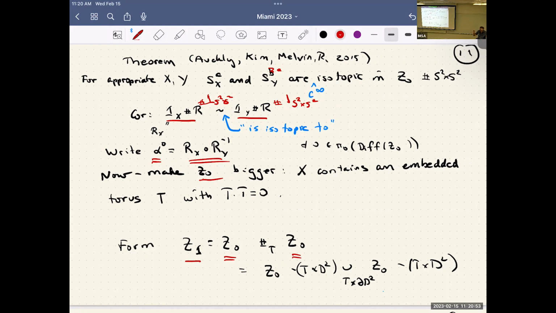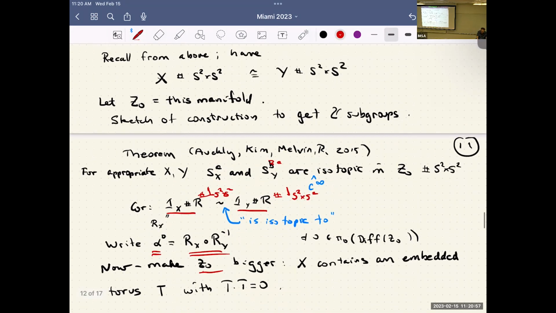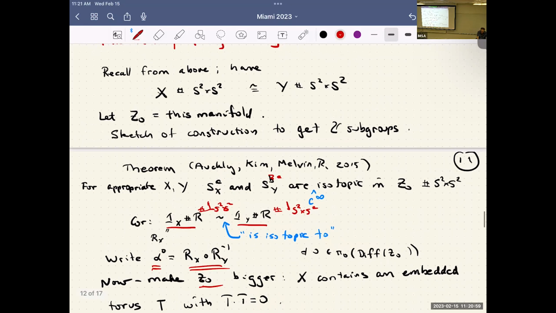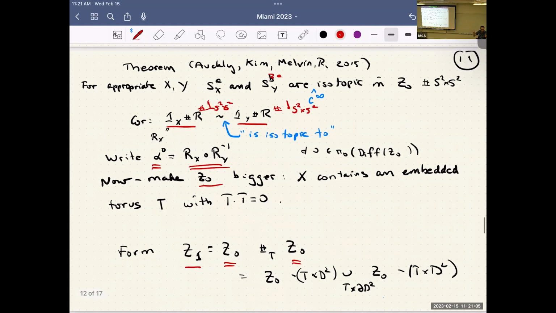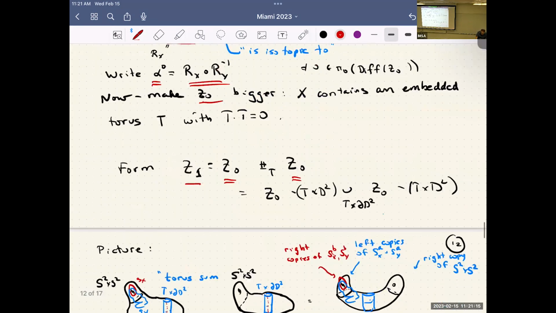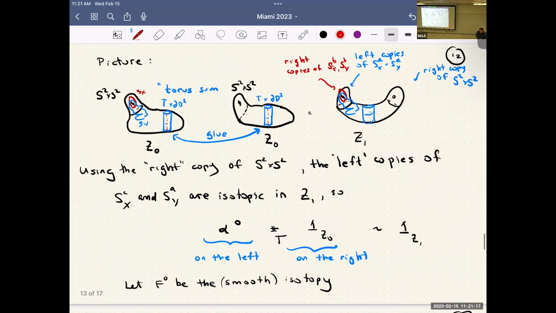Remember, Z0 had an S2 cross S2 summand, and one small, important point is that those tori stay far away from the S2 cross S2s. The S2 cross S2s are off in a corner. In fact, here's a schematic picture.